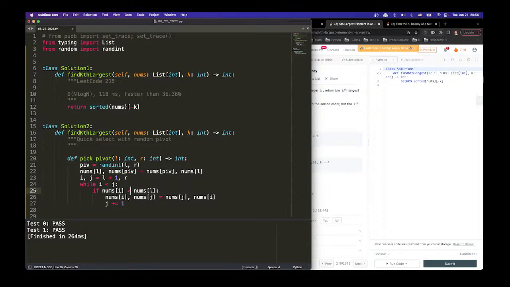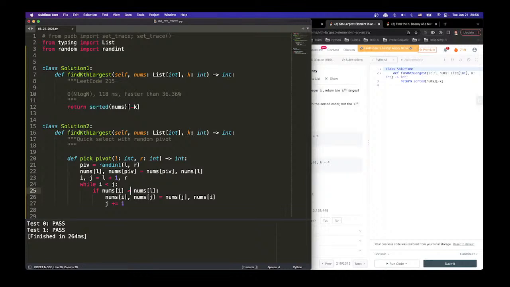But if it's larger, I'm going to say larger than or equal to. It doesn't matter.